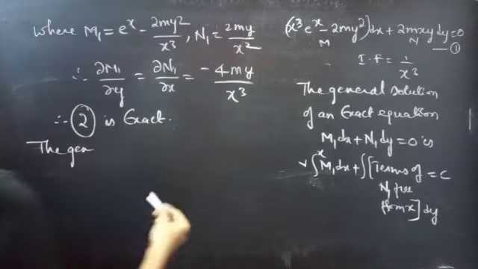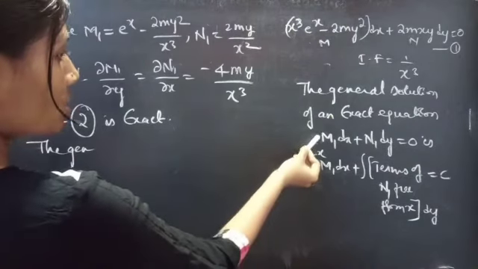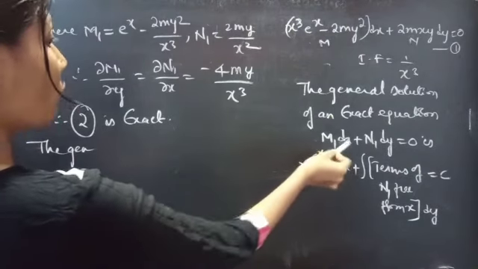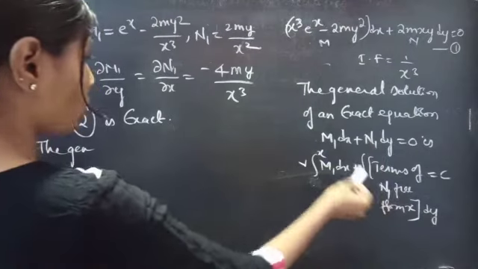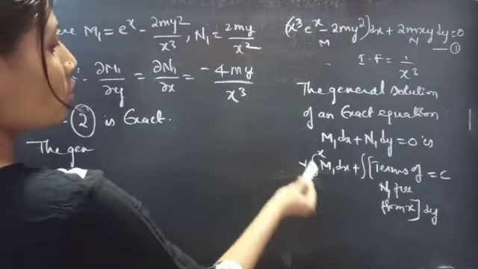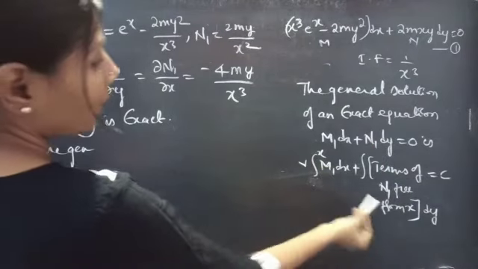Since the reduced equation is exact and is in the form m1 dx plus n1 dy equals 0, we write the general solution in m1 and n1.